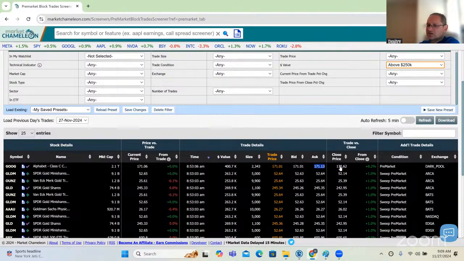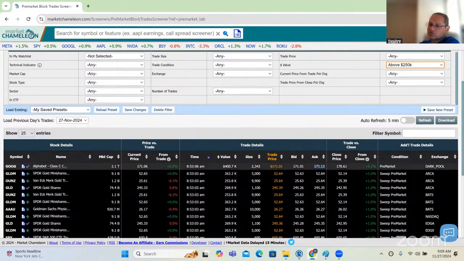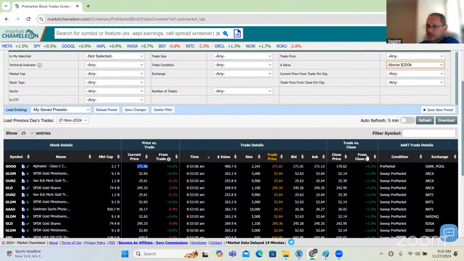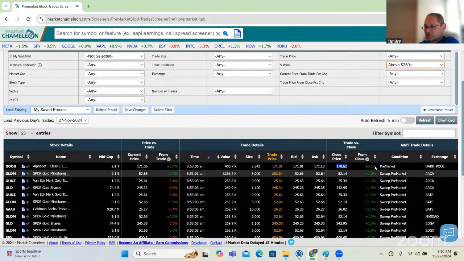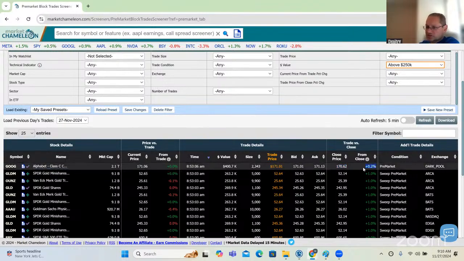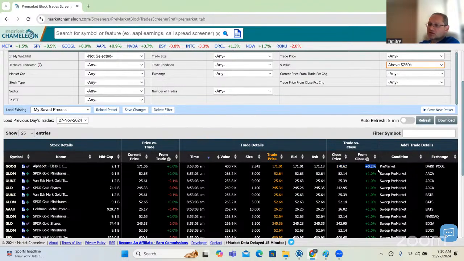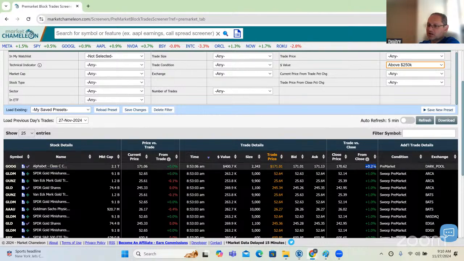Okay. The closing price was 170.62. So you can see it's up in the pre-market. And how much is it up? It's up 0.2%. You can see the conditions here: this is a pre-market and this traded in the dark pool.